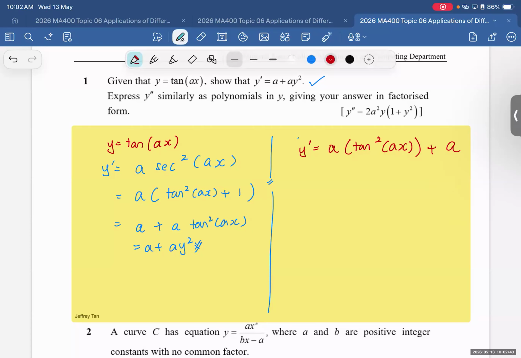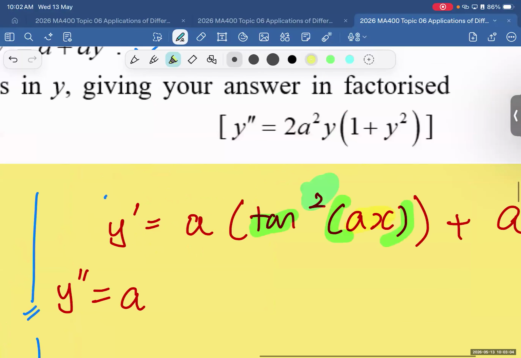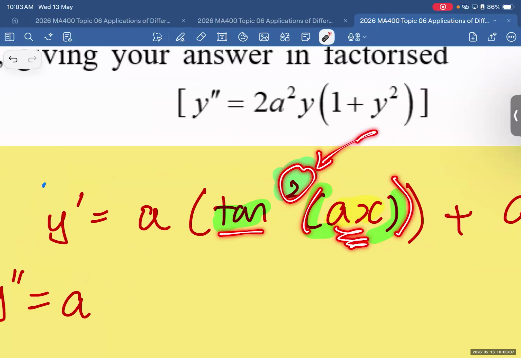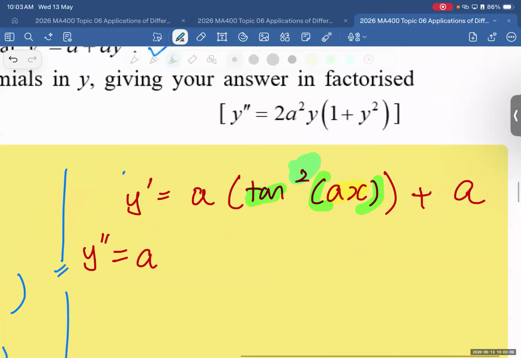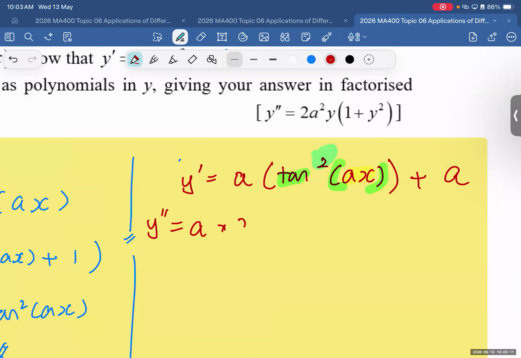Okay, so differentiating it, I have A. Differentiate tangent square, you can see that there are a few layers. Layer 1, layer 2, layer 3. So differentiate layer 1, that is 2 of tangent ax.